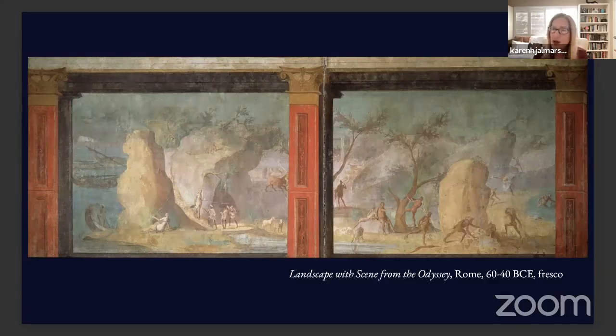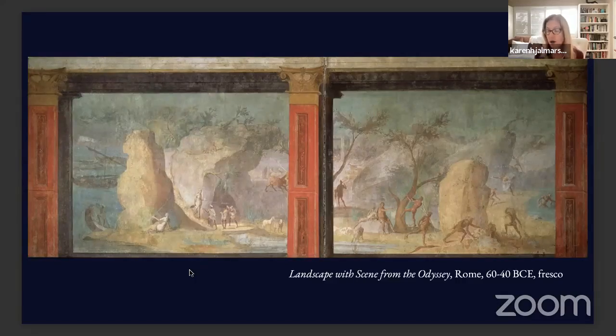So it's an imaginary world. It comes from Homer's Odyssey, a wonderful epic poem, but you begin to see the use of landscape: hills, a little bit of water, we see boats, we see figures interacting, and we begin to see a sort of three-dimensionality.